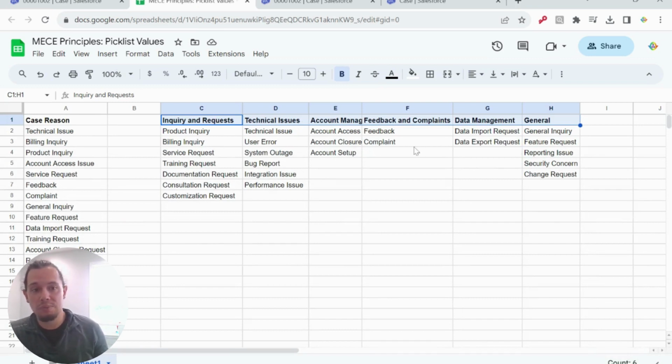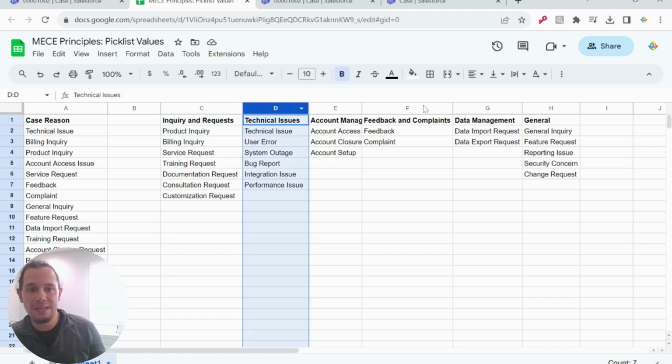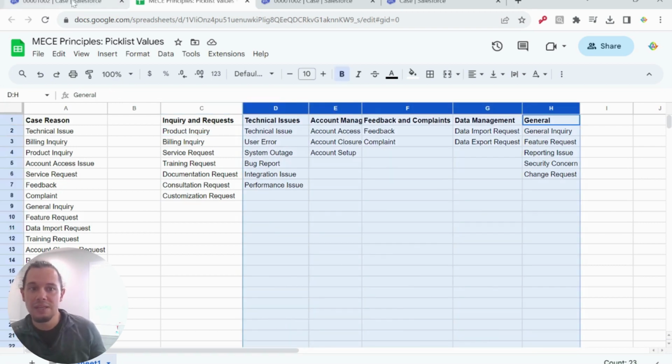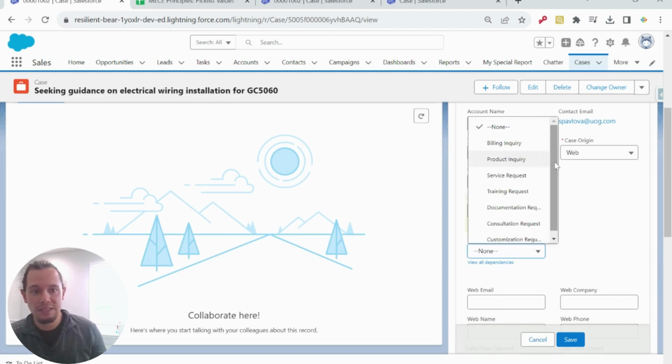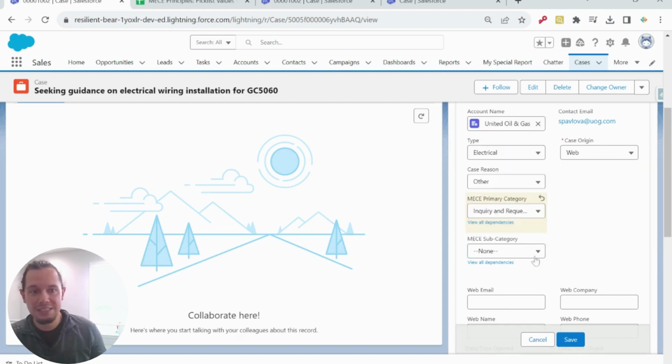Now, a lot of them are going to be a bit more broad, but if we switch over to the MECE principle primary category, when I look at this picklist, I only have this small group of values. So I'm going to go ahead and pick technical issues. And when I look at the subcategories, this is a much easier grouping.